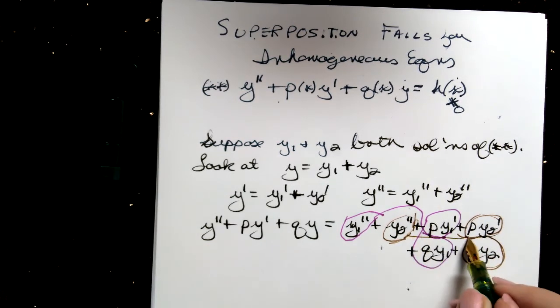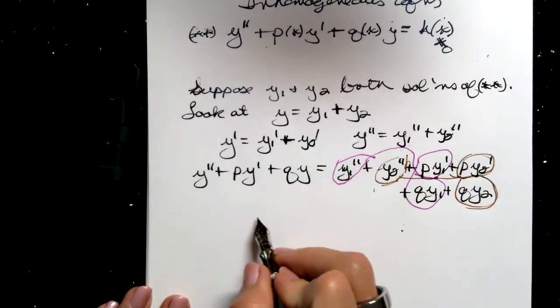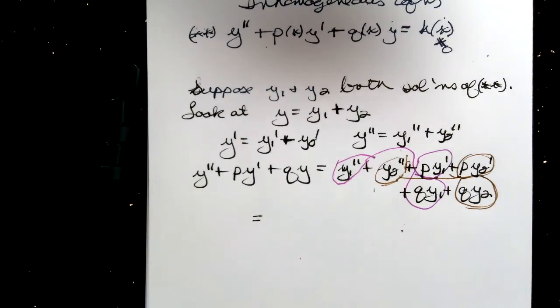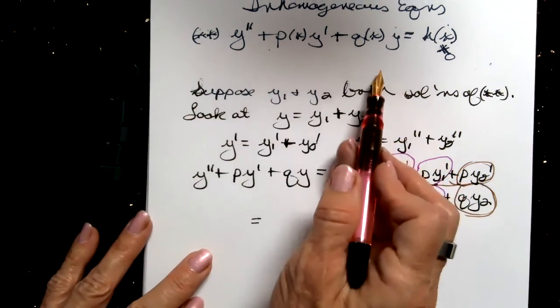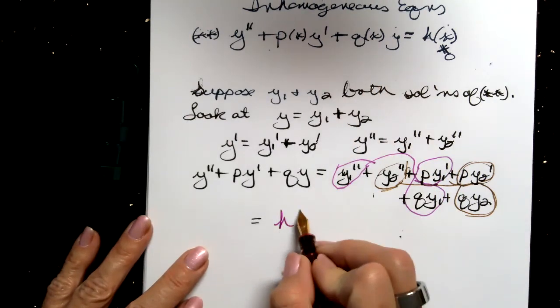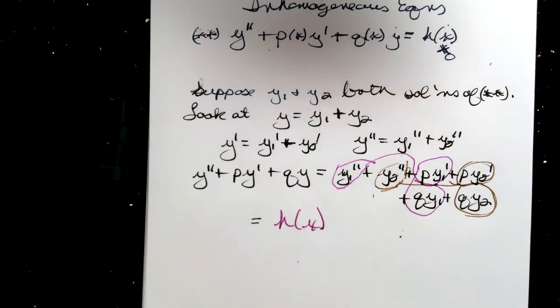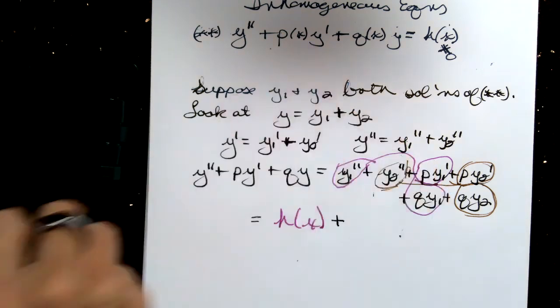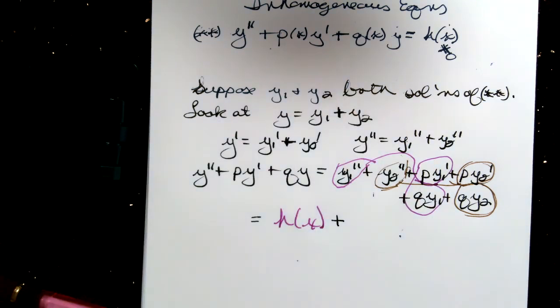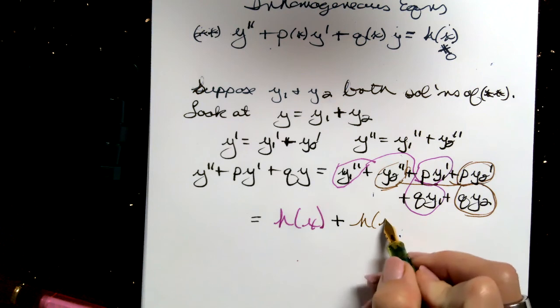I'm not sure if that comes across well in the video. And so from the pink items, let me go ahead and write that in pink. The pink items together give me, because y1 solves this equation, h of x. And then because everything circled in bronze, in other words, y2, satisfies this equation, that gives me h of x.